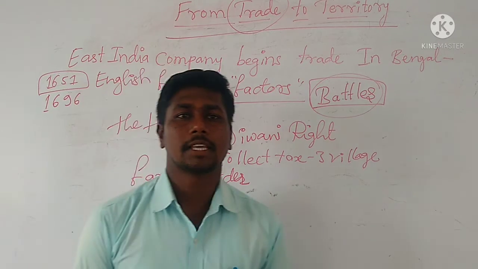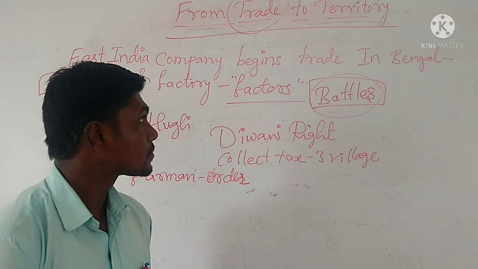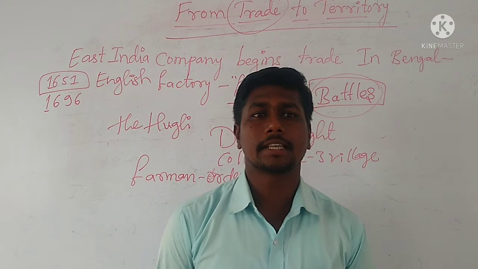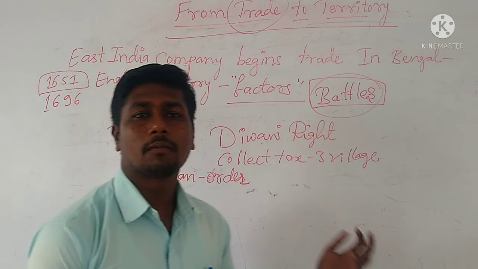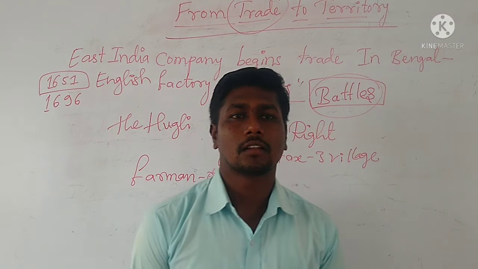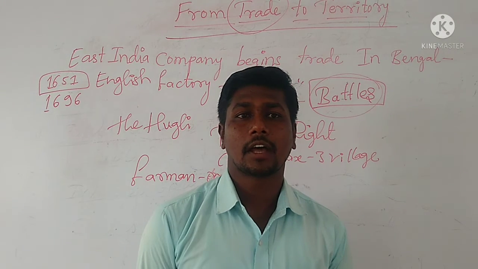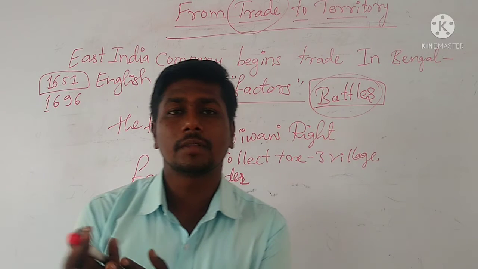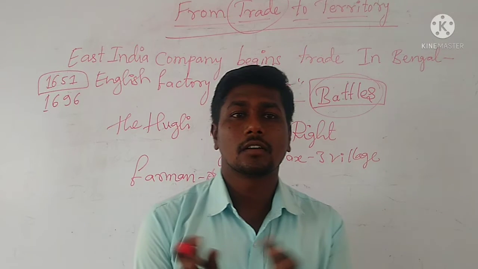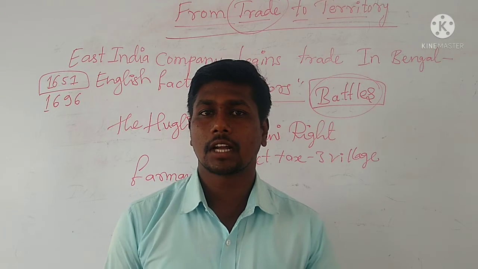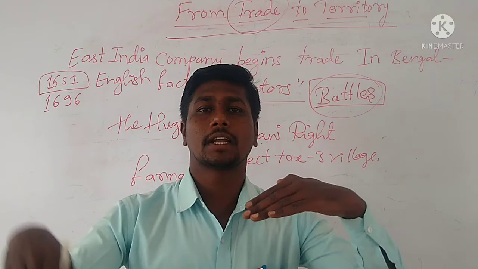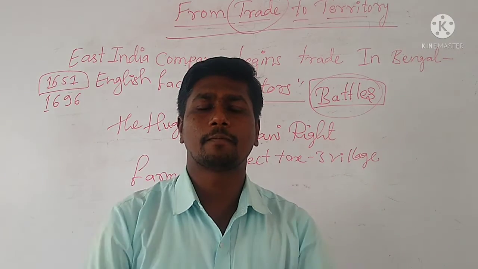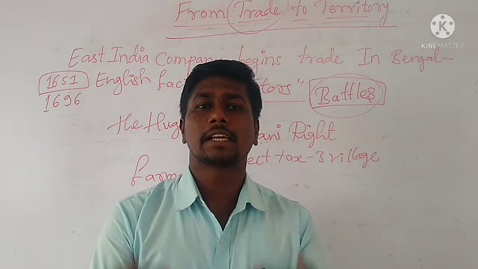See what happens here. Through the early 18th century, the conflict between the Company and the Nawabs of Bengal intensified. I mean, in the beginning of the 18th century, the conflicts between the Bengal Nawabs and the English East India Company were extreme, completely extreme.